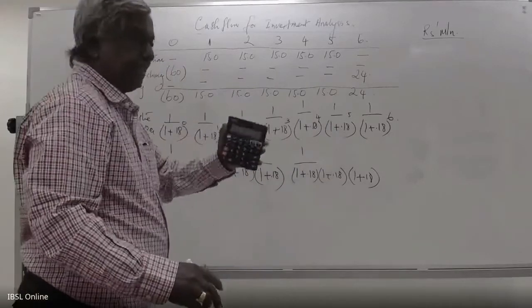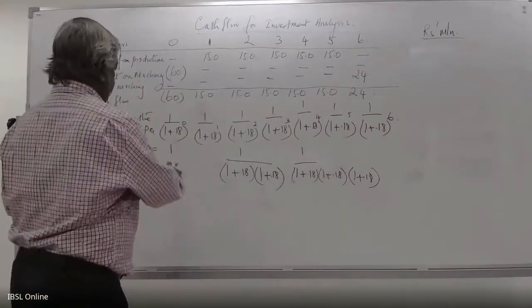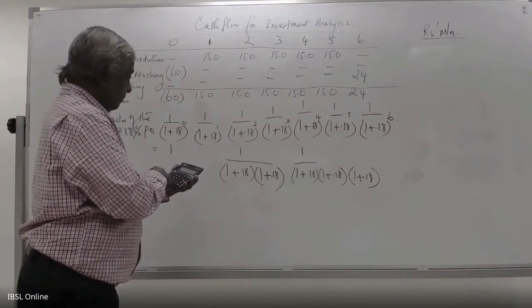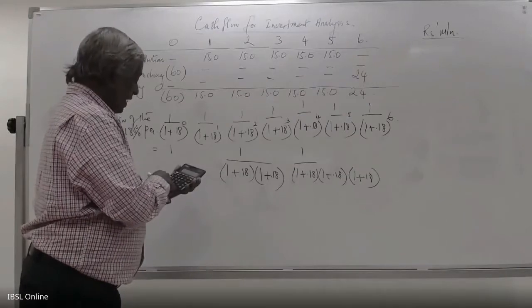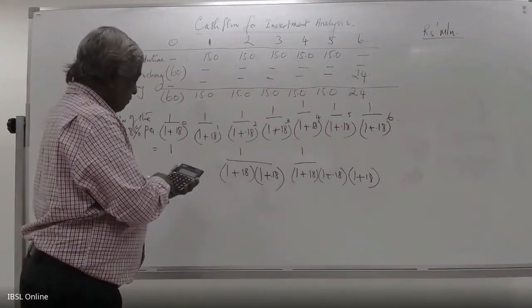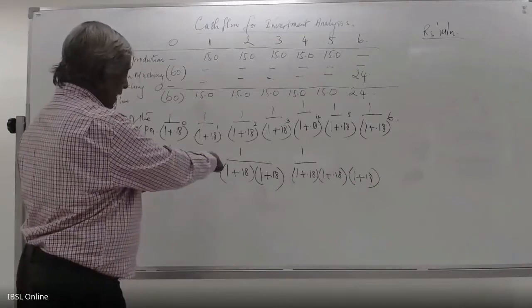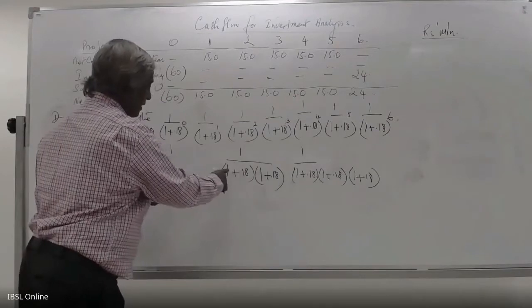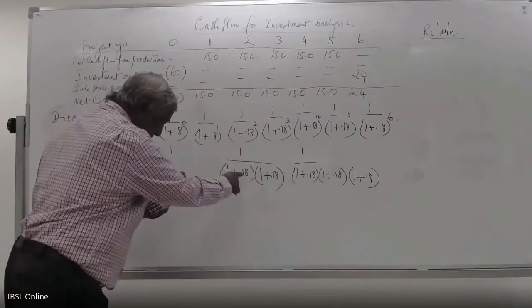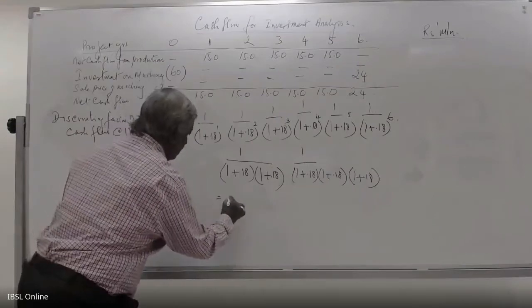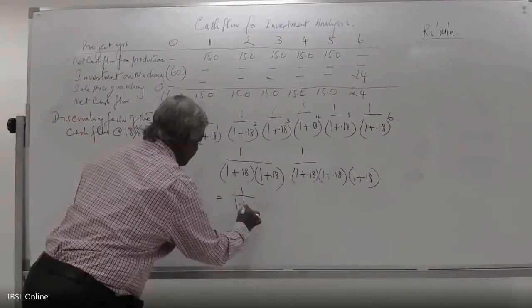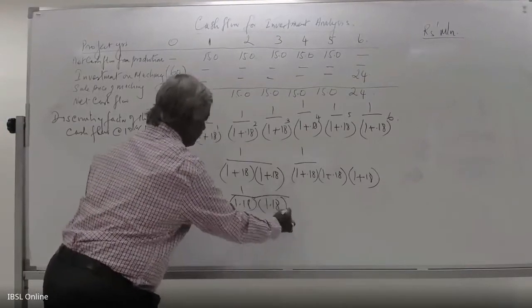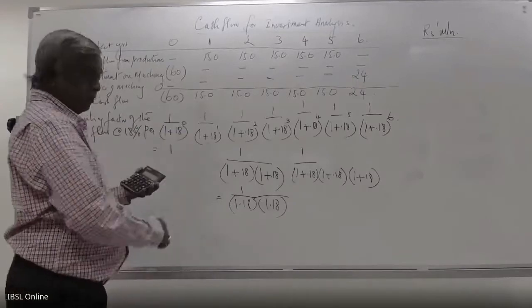So in the simple calculator, when you put 1 divided by 1 plus 0.18, that is 1.18. This is equal to 1 divided by 1.18.